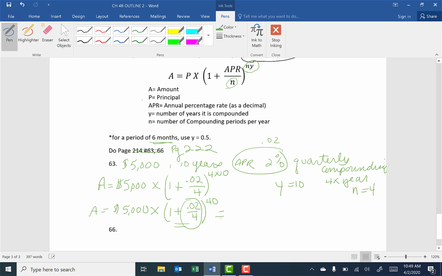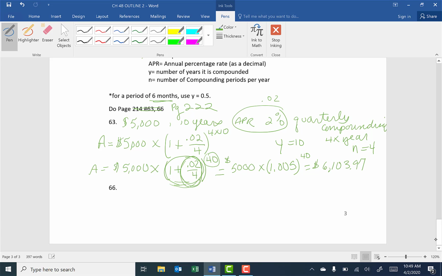So now we have 5,000 times 1.005 raised to the 40th power. When you work that out in your calculator, you're going to get an answer of $6,103.97. If you're not getting that, go back and start again. Divide, add 1, then raise that whole thing to the 40th power. Lastly, multiply it by 5,000.